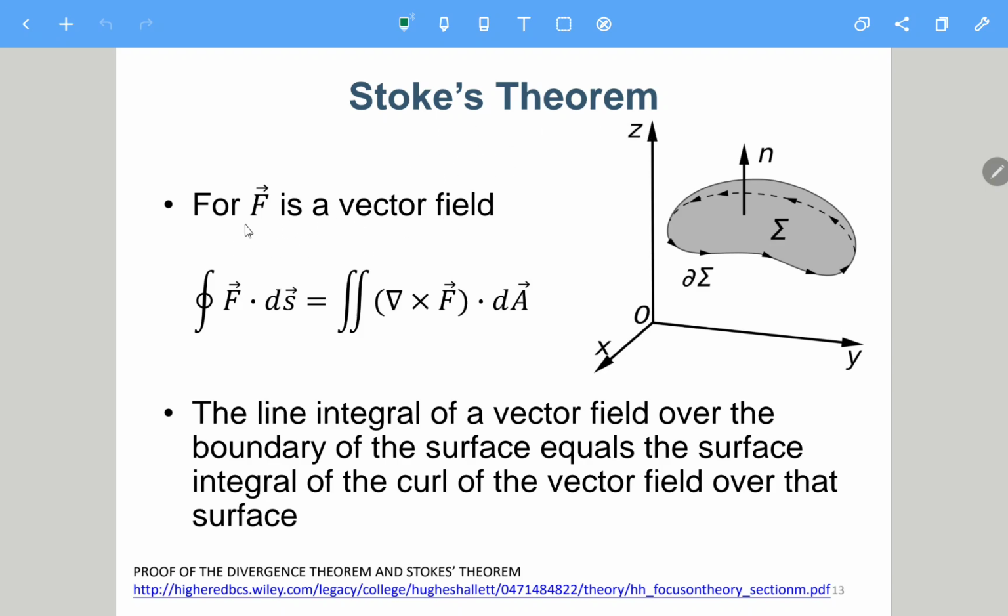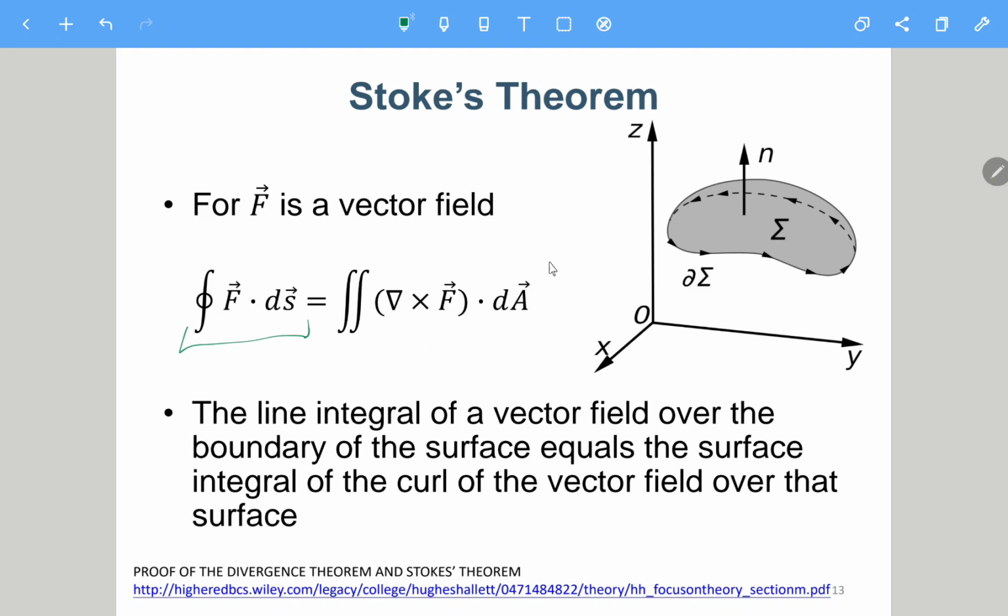Stokes theorem says if we have a vector field f, it will satisfy this equation. On the left side, we are still familiar with it: it is a line integral for a closed loop, or for an Ampere loop. So we can apply it for Faraday's law and Ampere's law on the left side.